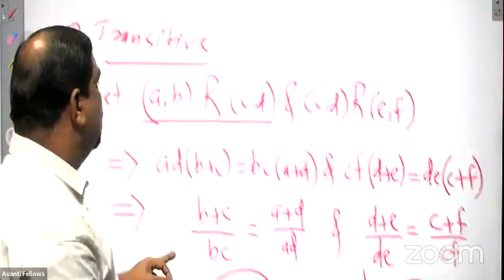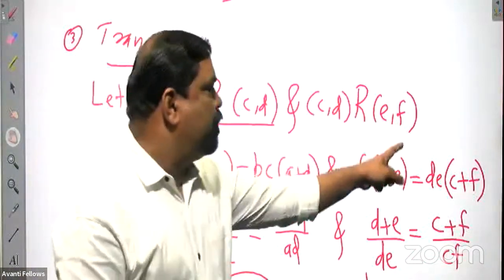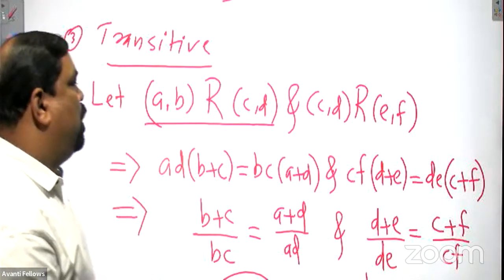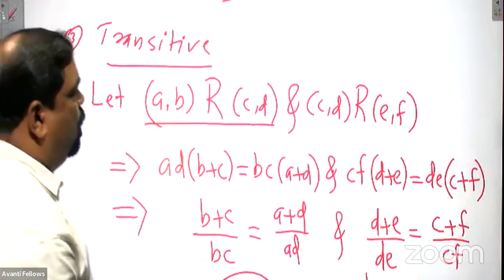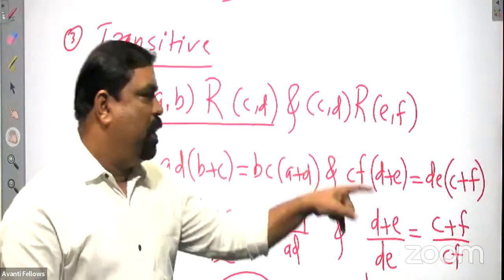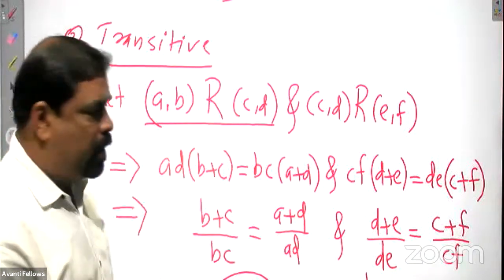We have to prove that AB related to EF. That means AF into B plus E is equal to BE into A plus F. Correct.